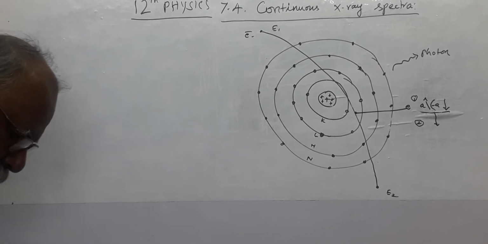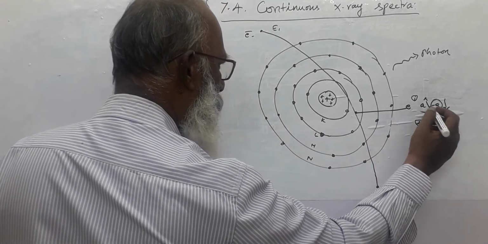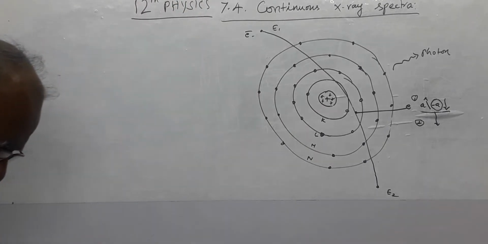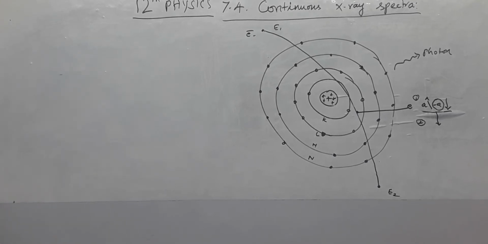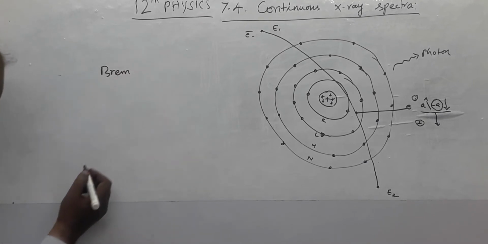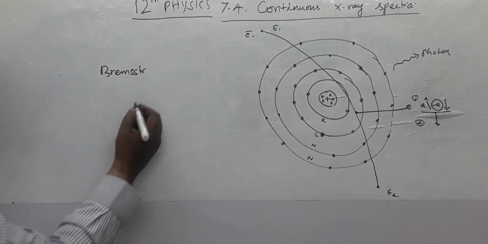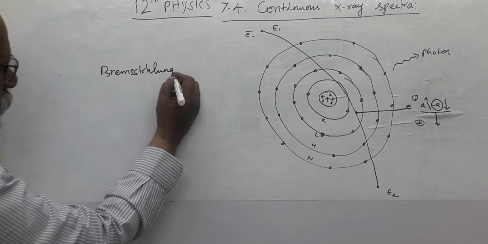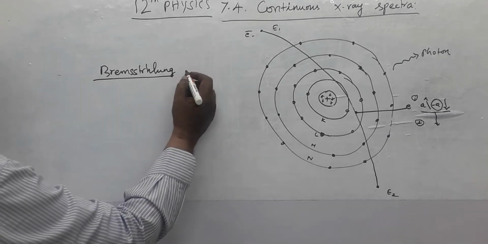The radiation produced by these decelerating, or negatively accelerating, electrons is called Bremsstrahlung, spelled B-R-E-M-S-S-T-R-A-H-L-U-N-G. It is a new name, very difficult to pronounce, but easy to understand.